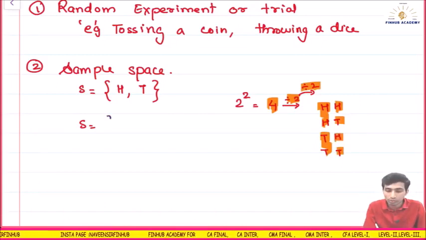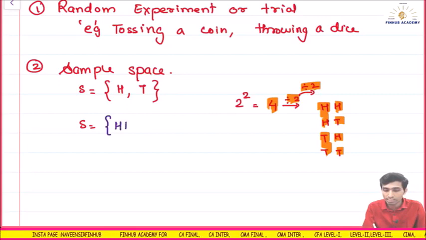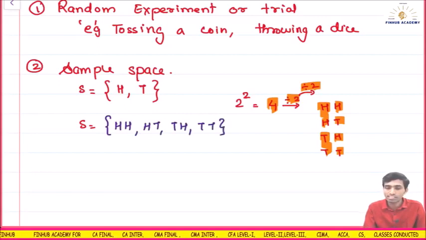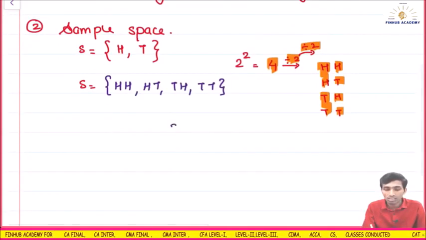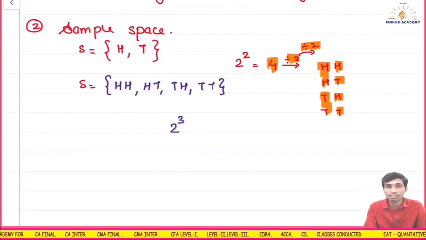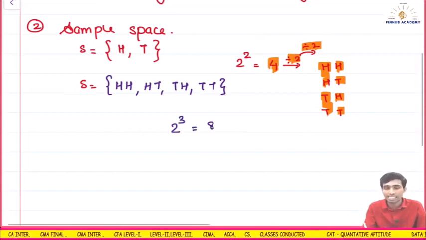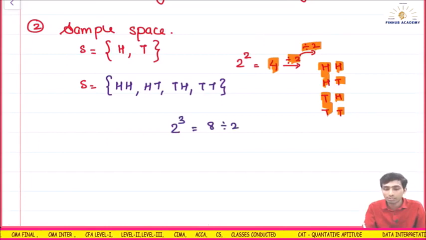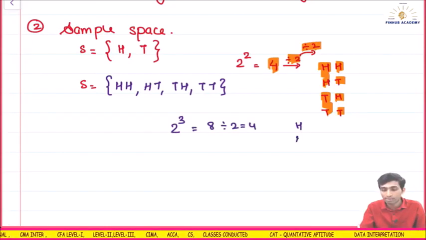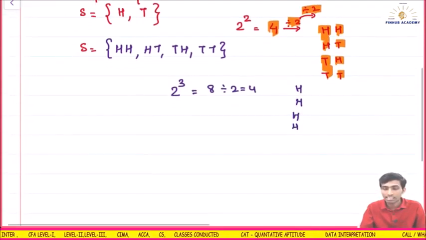Same way you can do it for 3 coins also. If 3 coins are tossed, the outcome is 2 raised to 3, since each coin has 2 outcomes, head or tail. So the total sample space is 8. 8 divided by 2 is 4, so this time you will write 4 times head and then 4 times tail.